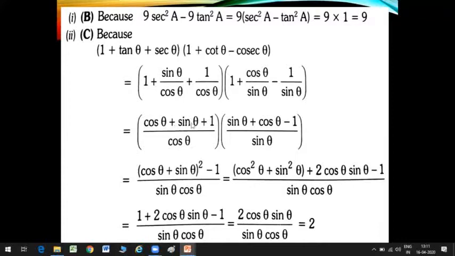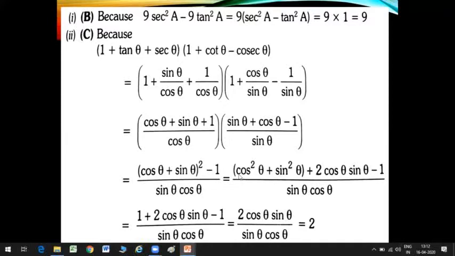Consider this as A and 1 as B. So A plus B, A minus B is A² minus B². Applying this identity, the numerator is (cos θ plus sin θ)² minus 1², divided by the product of the denominators, sin θ into cos θ.